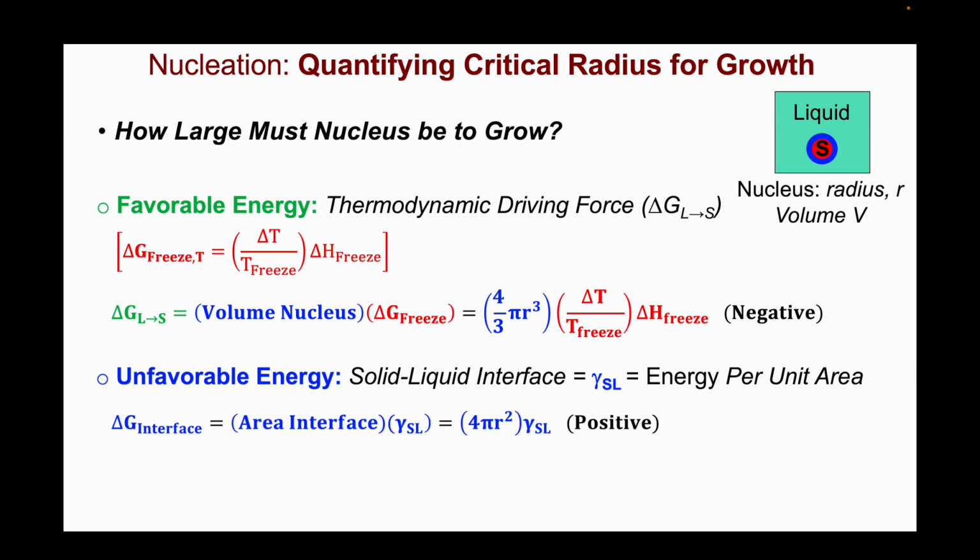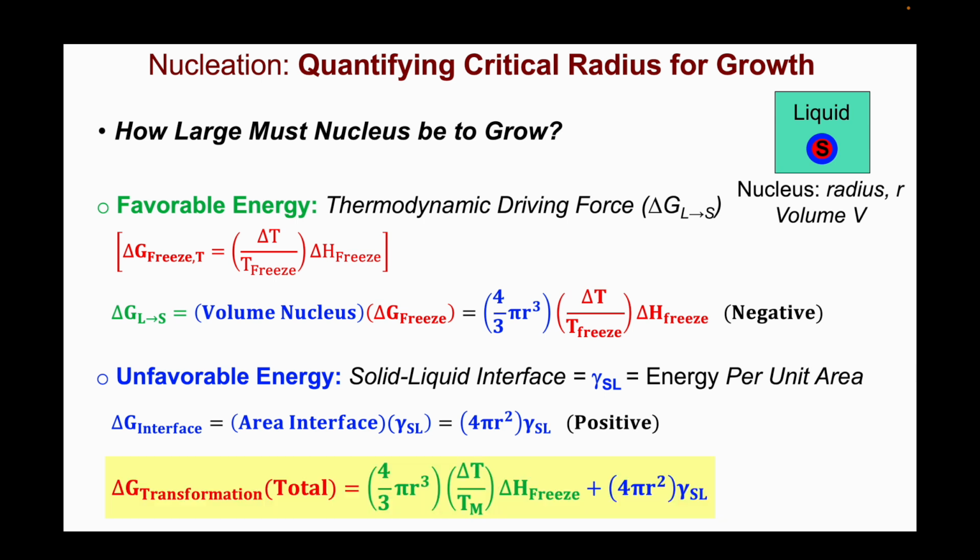The positive free energy change from the formation of the interface scales with the area of that interface, 4 pi r squared for a sphere, and is given by the equation shown. By adding these two terms, we get the following for the change in the total free energy when a liquid transforms into solid nuclei. We have these two terms, the favourable and the unfavourable.